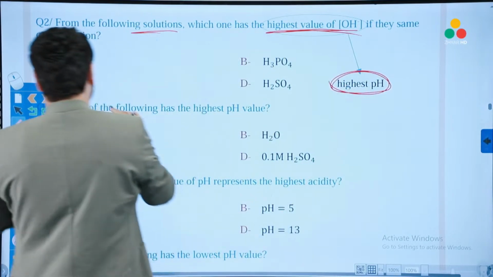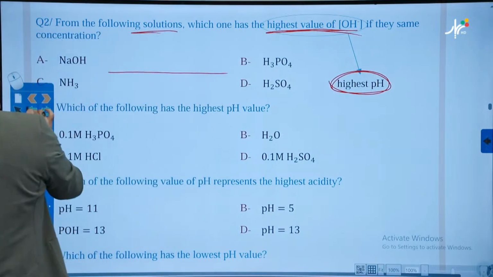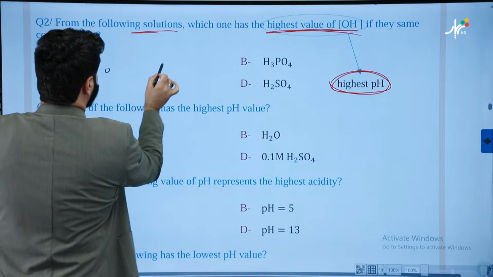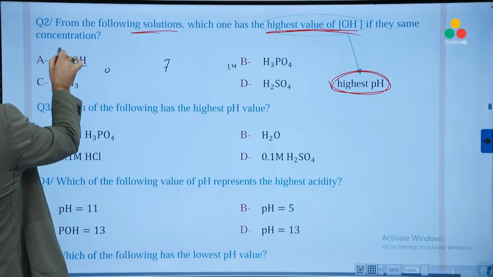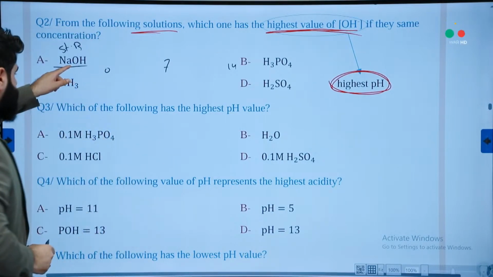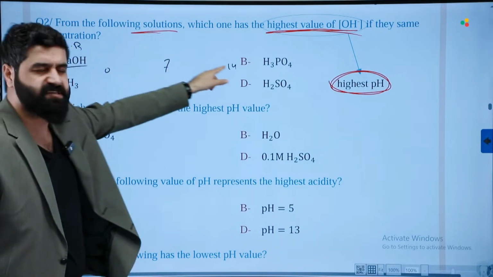Highest pH. Okay, try to have a scale here. This is the scale of pH, 0, 7, 14. Good. NaOH, it's a strong base. Strong bases, if it contains one OH, it must be in the middle. 2 OH must be beside 14.